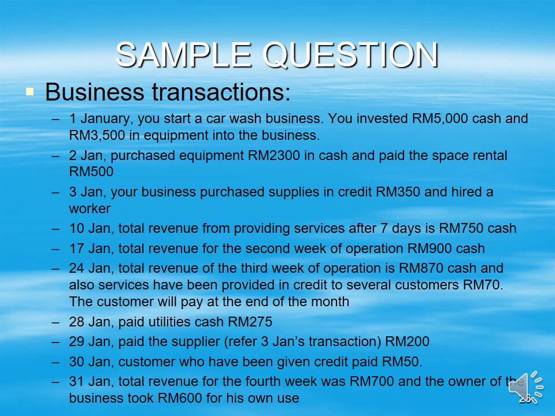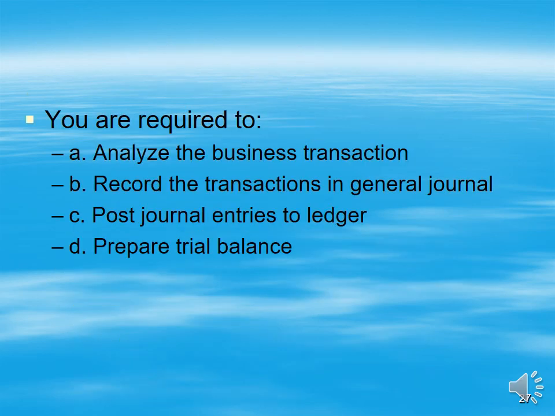For this question, you are required to do, first, you have to analyze the business transaction. This is the first step in the accounting cycle. After you analyze the business transaction, the second thing required is you have to record the transactions in the general journal.